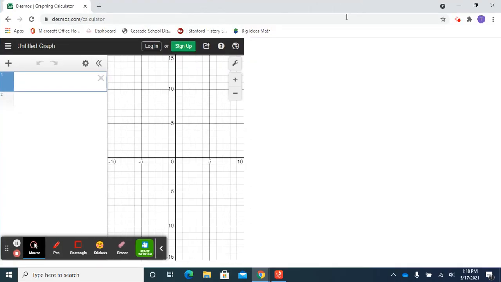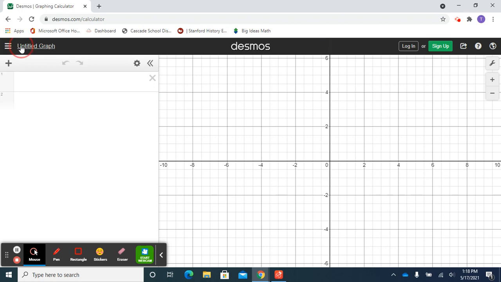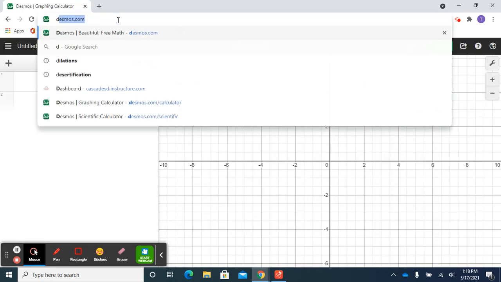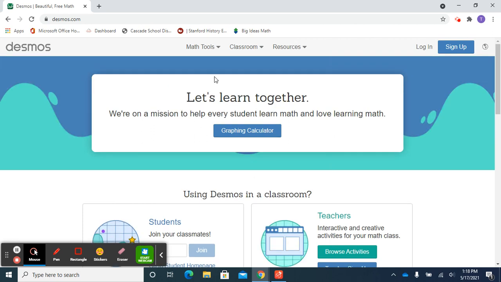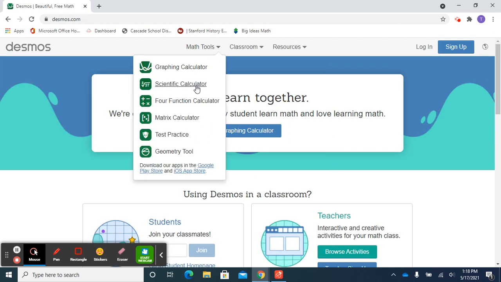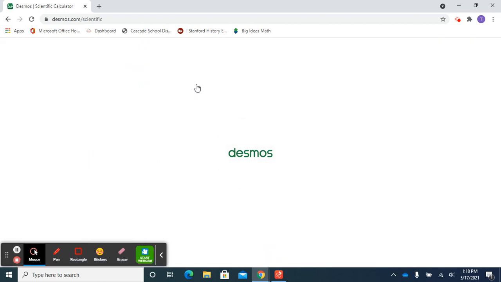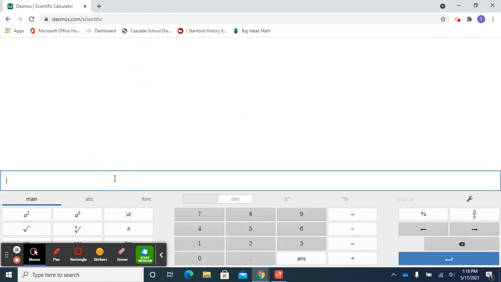So if we get in here and go to the scientific calculator, we can just plug in the fraction, and it will give us the simplest form of that fraction. So, for example, we have 10/15ths.